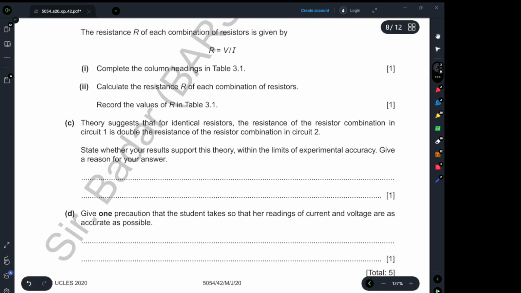So as long as it's something around or less than 10%, तो वो experimental accuracy या limits of experimental accuracy में it should be just fine. ठीक है, so results do support the theory, as the values are close to each other.